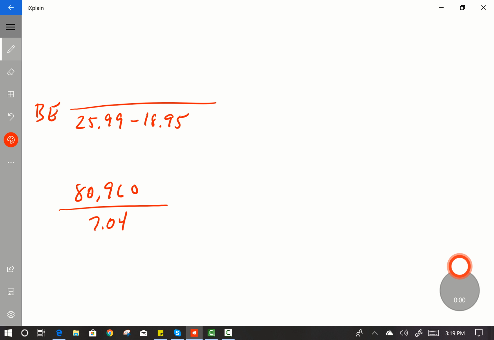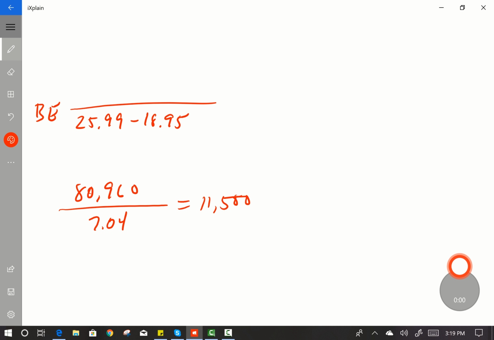And then our fixed cost of $80,960, we'll calculate that to give us a break-even point. $80,960 divided by 7.04 will give us 11,500 units.